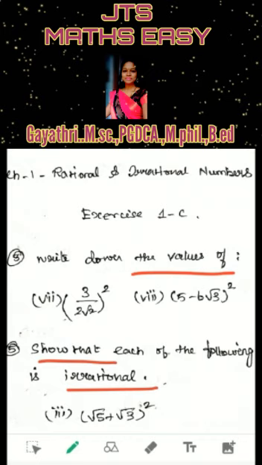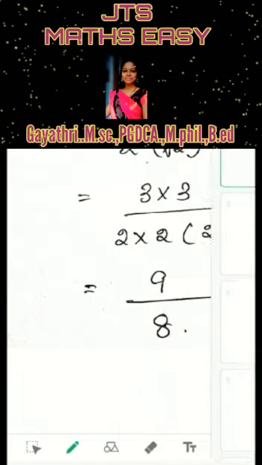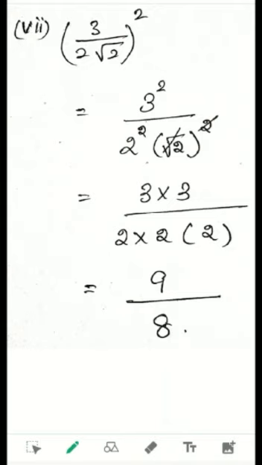Okay, so now let's see the first one. I will just explain the first one. This is the solving of your first problem. Look at the question here. It is given (3 divided by 2√2) the whole square. So whole square in the sense, first we want to take the square for the numerator as well as the denominator.